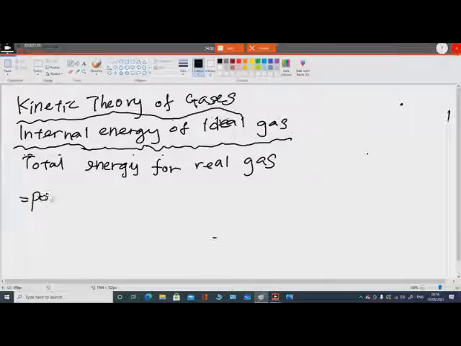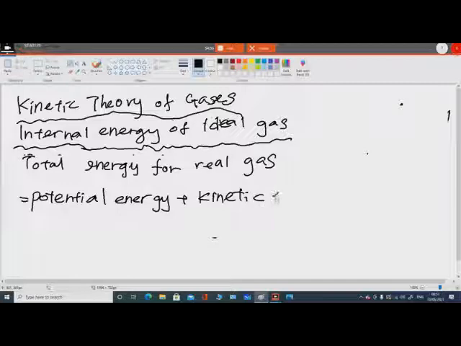There is excess potential energy in the real gas. So the total energy for the real gas equals the potential energy, which is due to the intermolecular forces, plus the kinetic energy, which accounts for the motion of the real gas. So this is the total energy for the real gas.